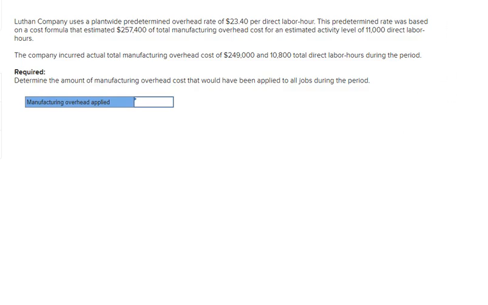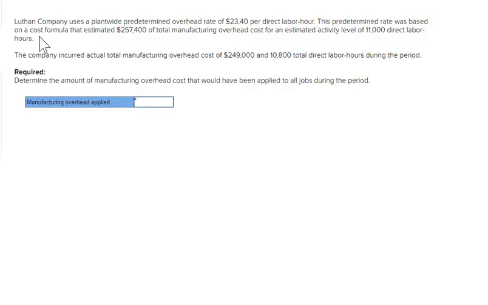Let's take a look at this particular example right here. Lutheran company uses a plantwide predetermined overhead rate of $23.40 per direct labor hour. This predetermined rate was based on a cost formula that estimated, again, it's estimated before the period even started, the total manufacturing overhead cost to be $257,400 for an estimated activity level of 11,000 direct labor hours.